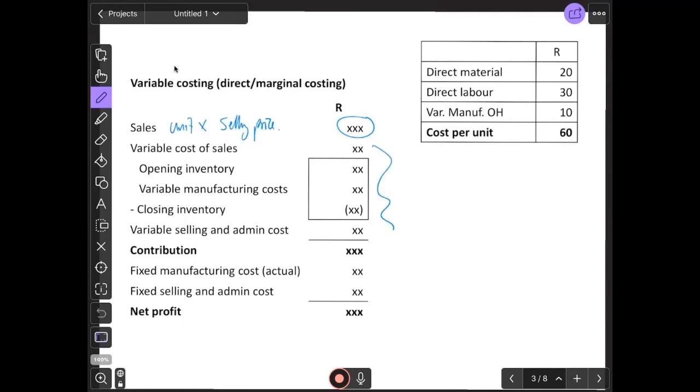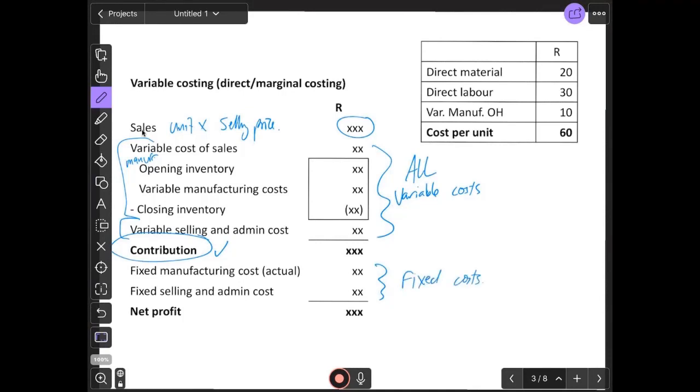It's sales less variable costs. And again, it's all variable costs. So we start off with the variable manufacturing costs and then variable non-manufacturing costs. So all variable costs are deducted to get to contribution. And then what is below the contribution line? It's all the other costs, which are fixed costs.